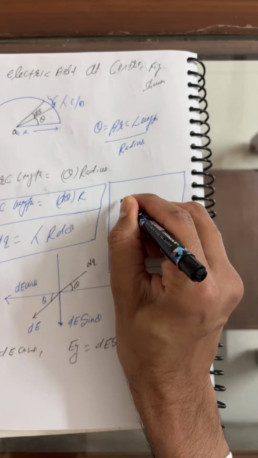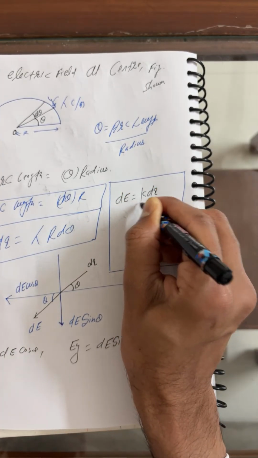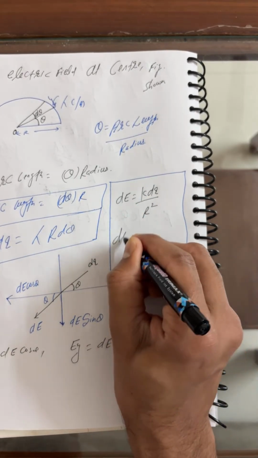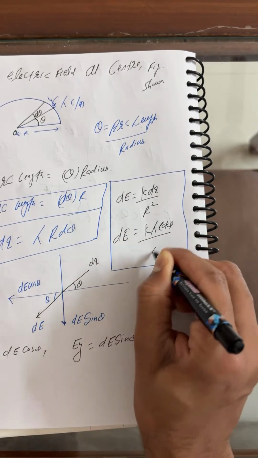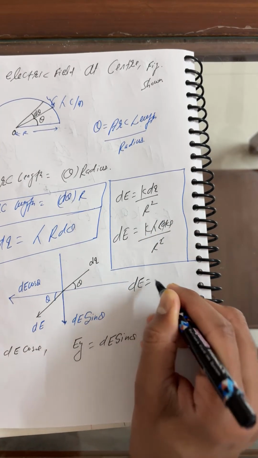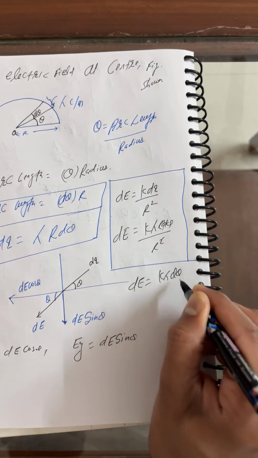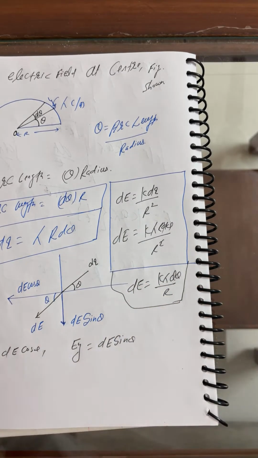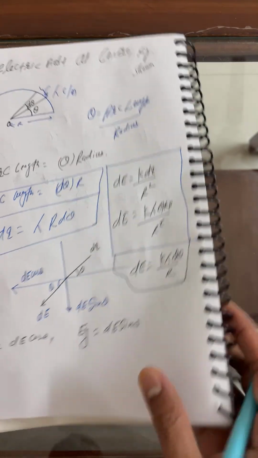So dE is k dq by r square. So k and dq is lambda r d theta upon r square, cancel. So dE is k lambda d theta by r.